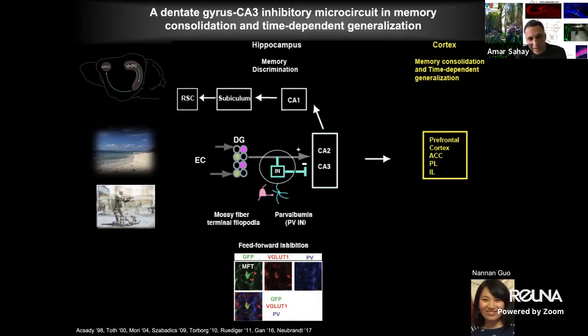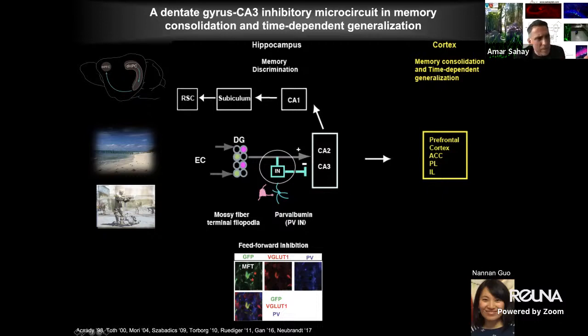And it's been theorized that this balance of feed-forward excitation and feed-forward inhibition dictates the extent of burst firing of CA3 neurons and the sparseness of activity in that network, which one would predict influences the extent to which memories may be retrieved in the highly recurrent collaterals of CA3.